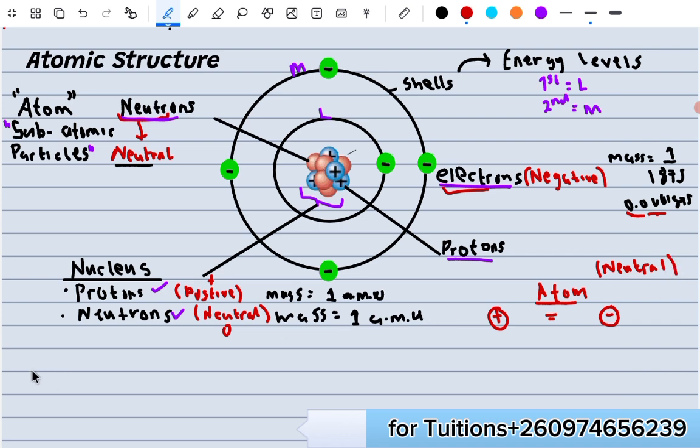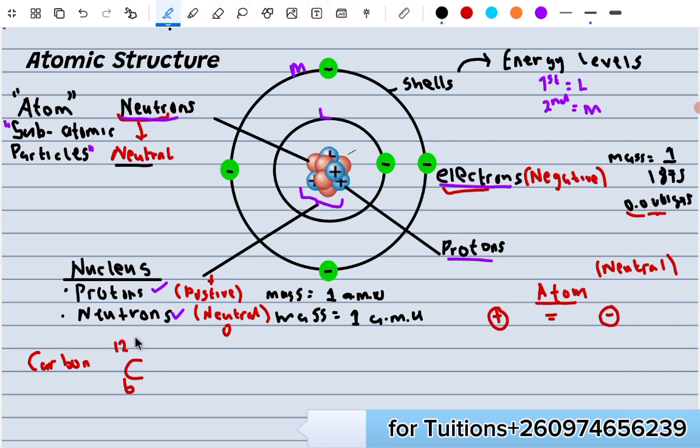For instance, let's look at the element carbon, just for illustration. On the periodic table, carbon is given this symbol with a 6 down and a 12 on top. The number which is down here is very important.